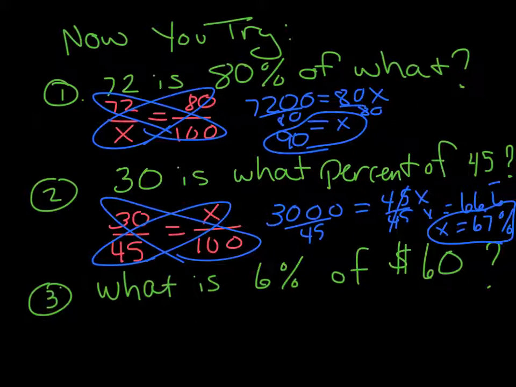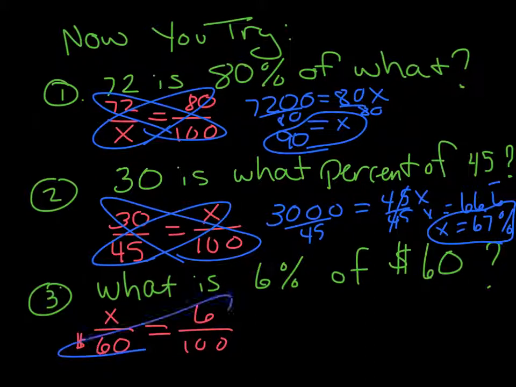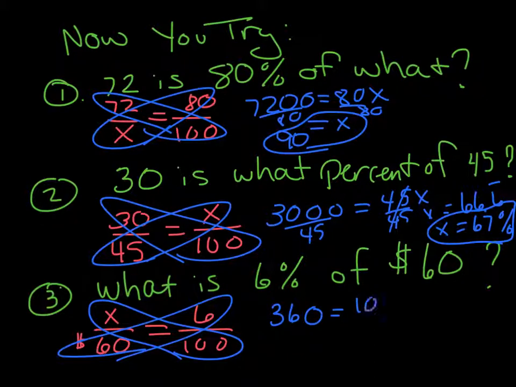All right, last problem. There's my percent proportion. It is 6% this time. And it's saying, what is 6% of $60? Notice we're talking about money this time, so keep that in mind. We don't know the part. So when I cross multiply, 6 times 60 is 360. 100 times x is 100x.